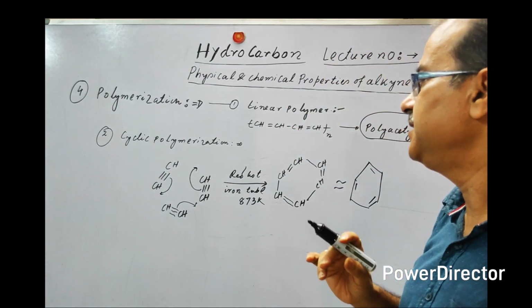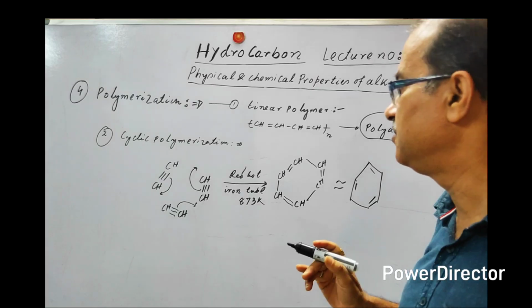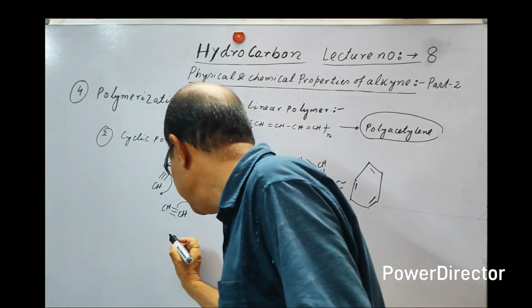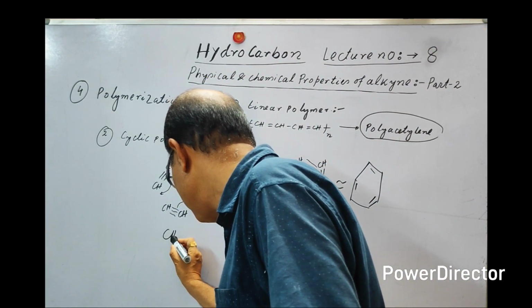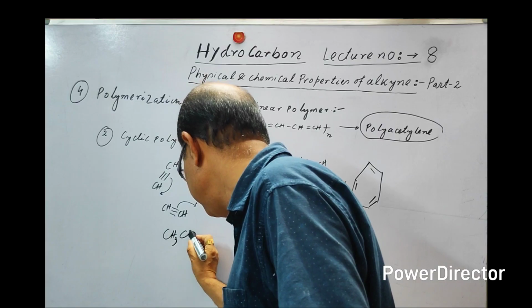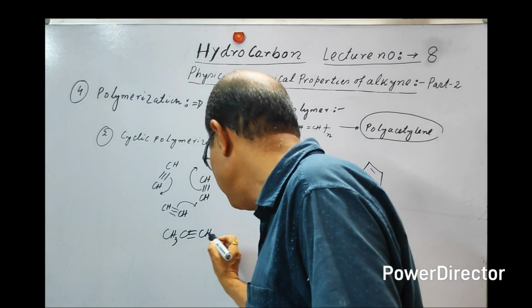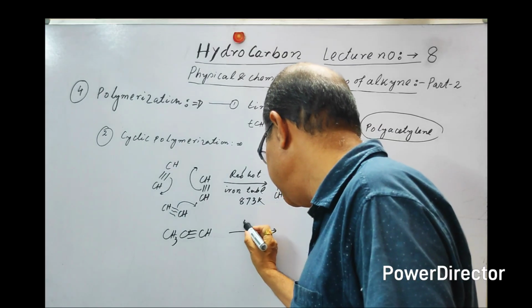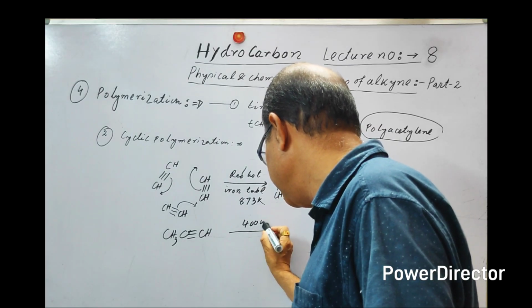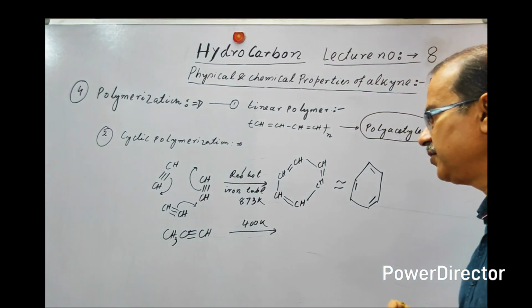Now a question arises, sometimes this question is normally given: if we have taken propyne, then what will be the product, under 400 Kelvin? What product will we get?